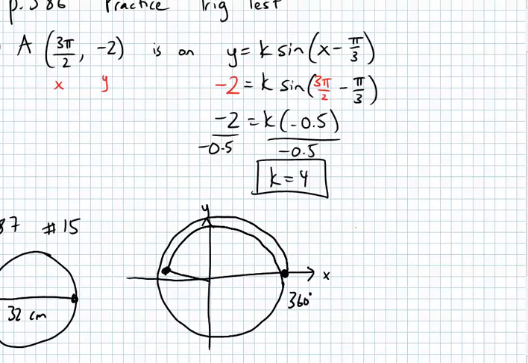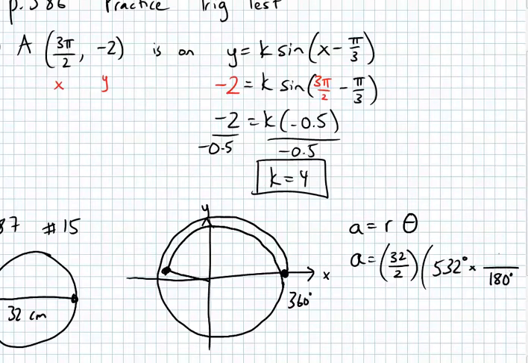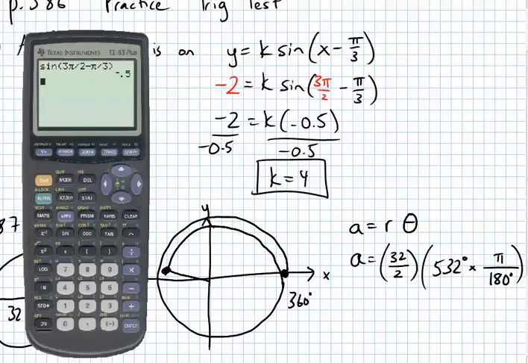So we can use the s equals r theta equation, because this is the arc length, even though it's more than one circle. To find the arc length, you take the radius, which is half of the diameter, 16 centimeters, times the angle in radians. The total angle is 532 degrees, so to change that to radians, I'll times it by pi over 180. So 532 times pi over 180 is 9.28 radians.